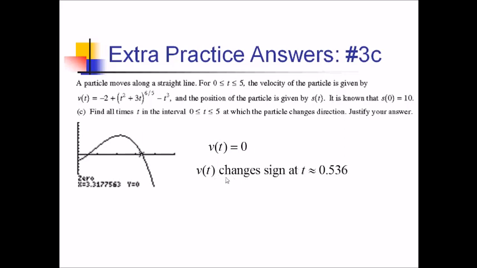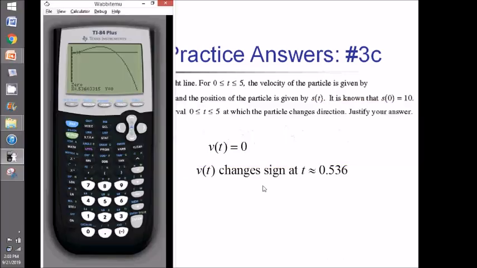And notice that I'm specifying that we change sign. I'm not just saying velocity equals 0 here. I'm saying we're changing sign specifically at this value. Because that's what you need to really show a direction change, is a sign change in velocity. Next, let's find the other 0, the other sign change spot. So second trace again, and then zeros.